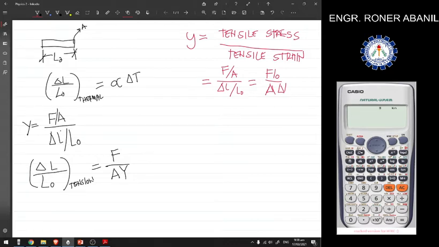Okay. So, if the length is constant, the total fractional change in length must be 0. Okay?